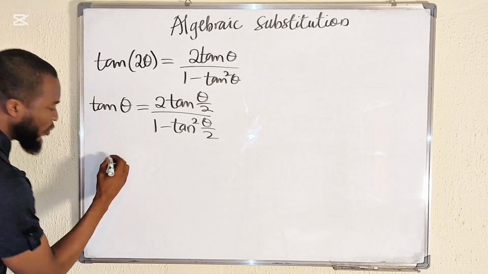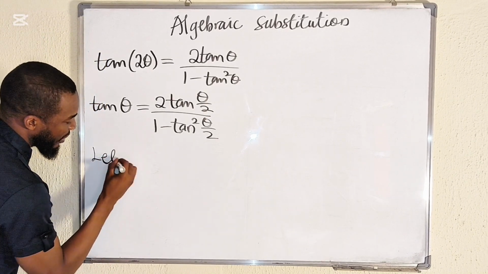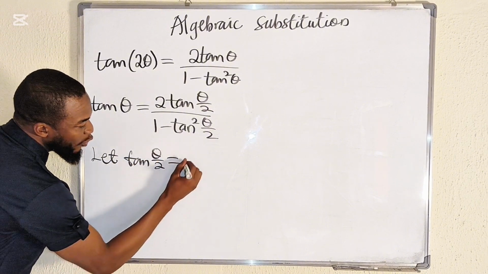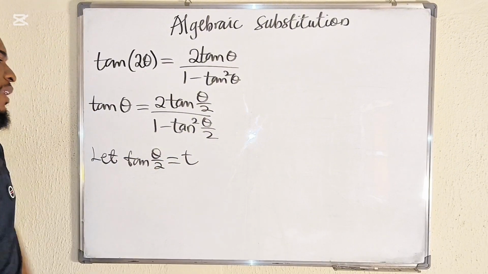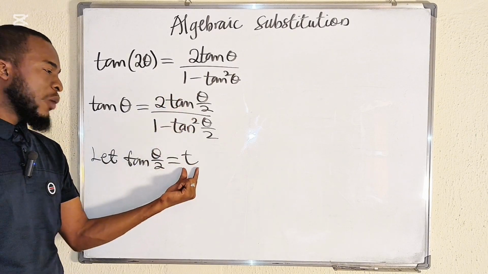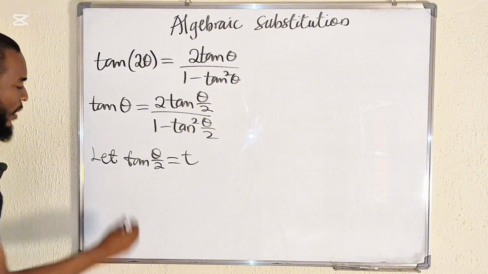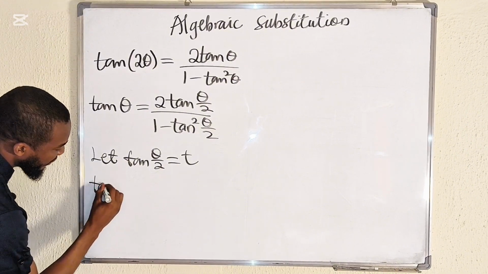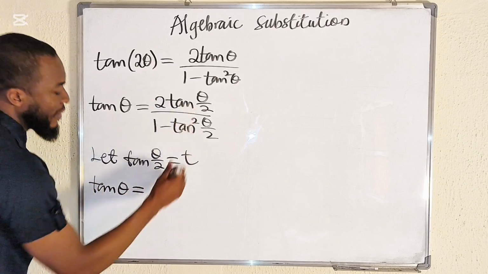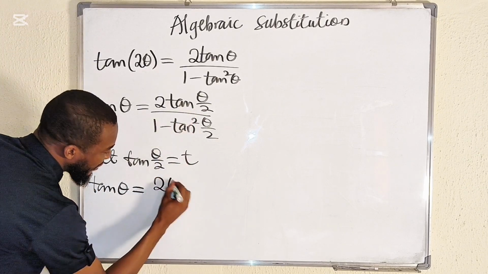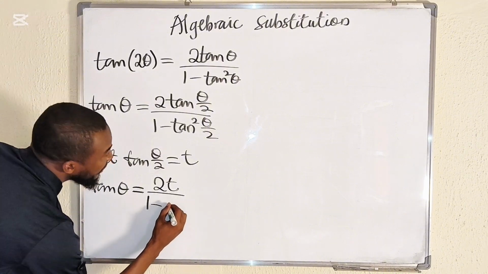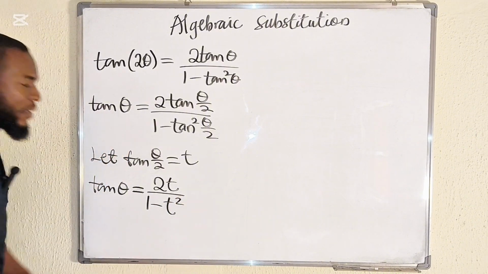So our substitution will be in the form of tangent theta divided by 2 equal to t, which implies that wherever we have tangent of theta divided by 2, that will be replaced with t, which means that tangent of theta is equal to 2t divided by 1 minus t squared, right?